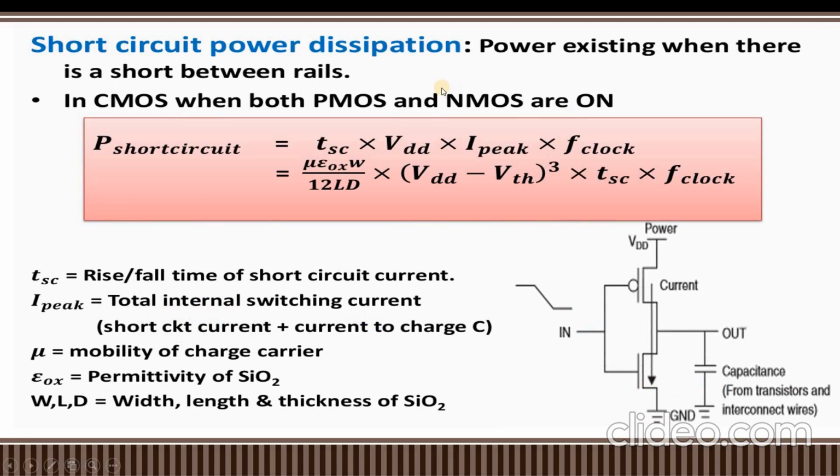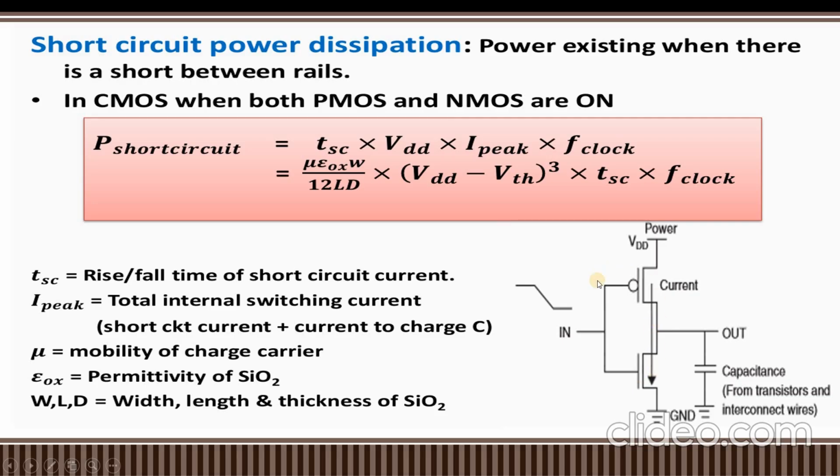The next one is short circuit power dissipation. It is mainly due to the finite rise time and fall time at the input of CMOS logic levels. In this condition, both PMOS and NMOS are on. CMOS, complementary metal oxide semiconductor, is a combination of both PMOS and NMOS. Here both PMOS and NMOS transistors are simultaneously on for some duration, so it shorts the power supply line to ground and leads to current flow from supply to ground.